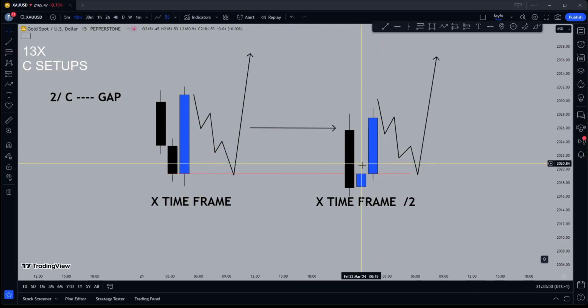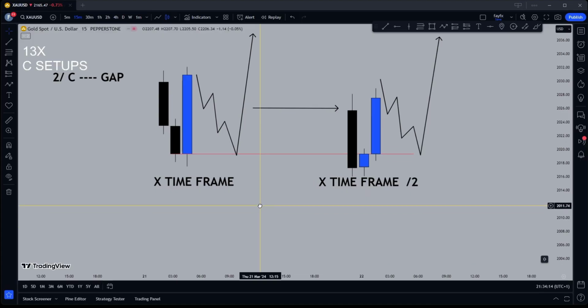Classic to gap. Main time frame, one time frame lower. 4 hours, 2 hours. 2 hours, 1 hour. 1 hour, 30 minutes. 30 minutes, 15 minutes. This is the second setup.